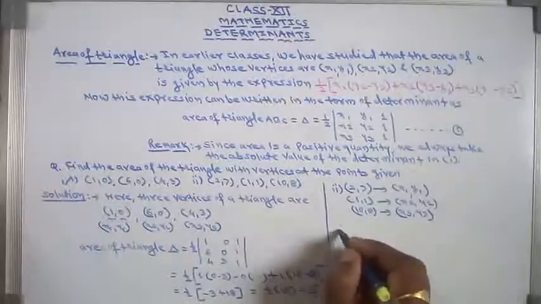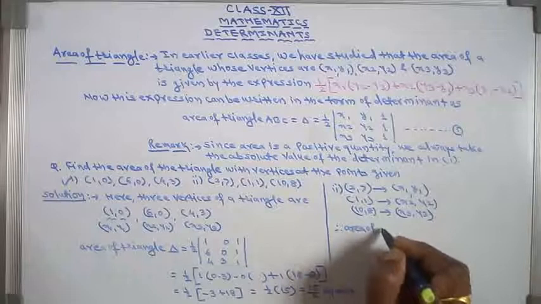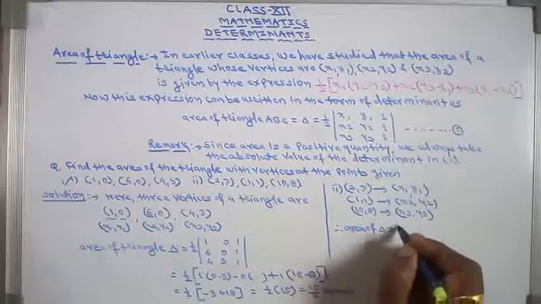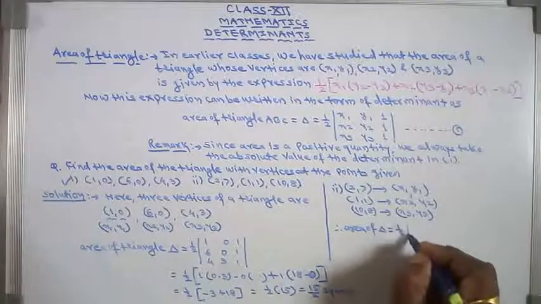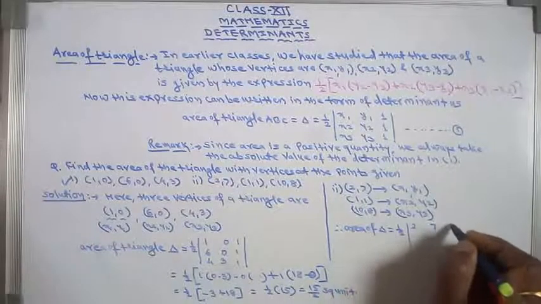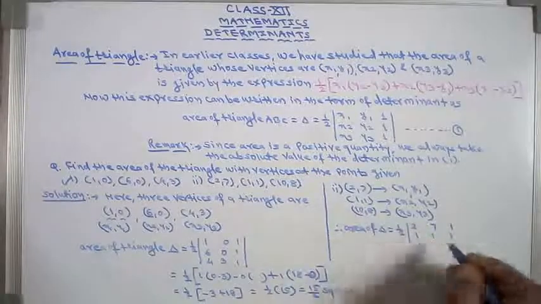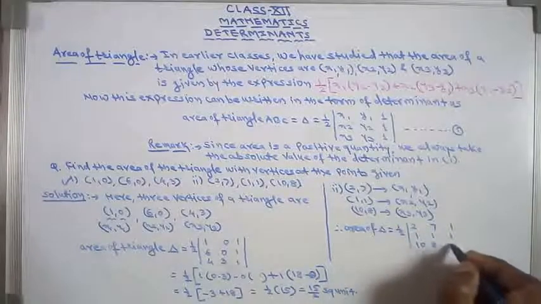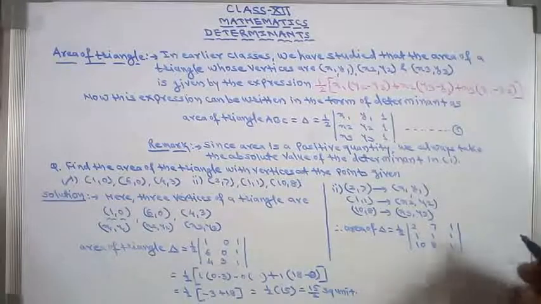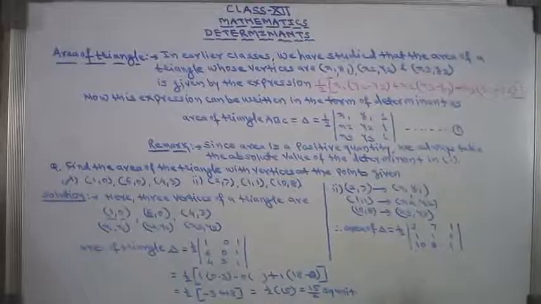Therefore area of the triangle equals half into the determinant: 2 7 1, 1 1 1, 10 8 1. You can apply the property also to bring a number of zeros.